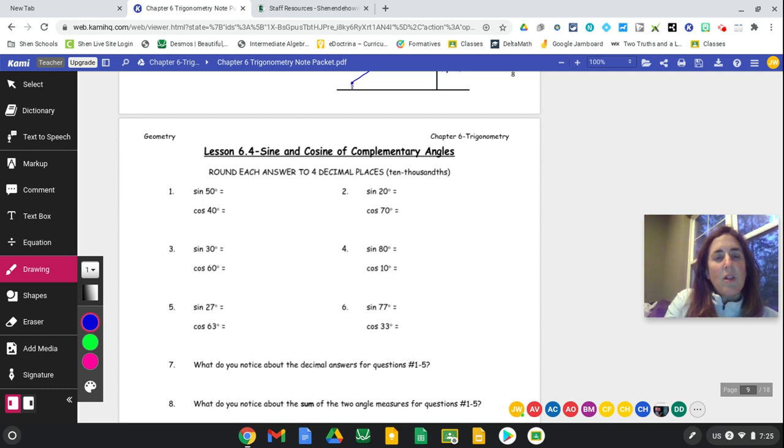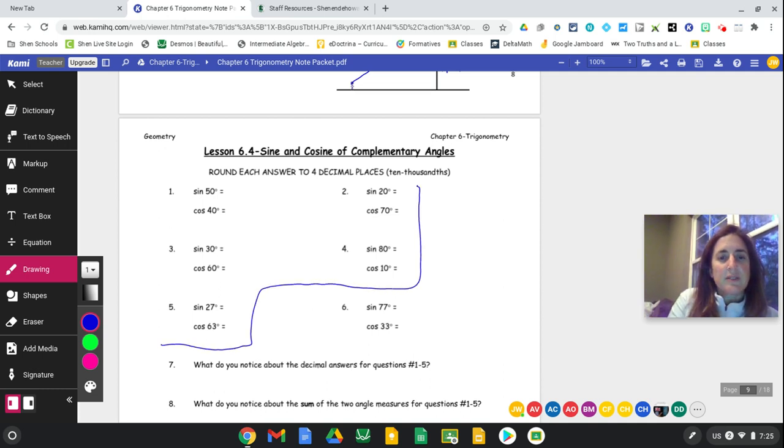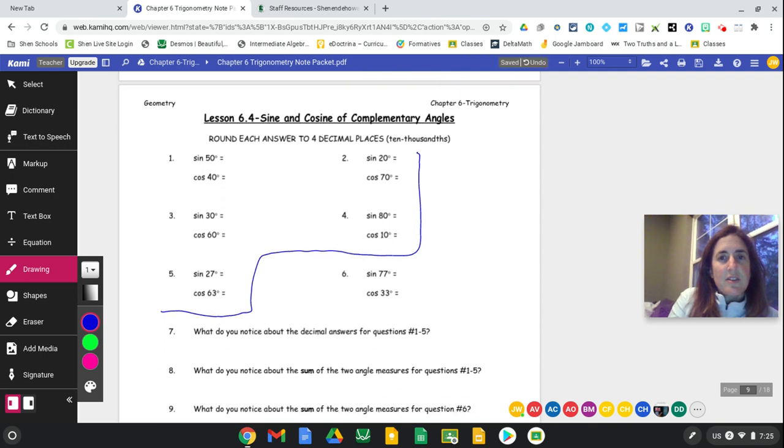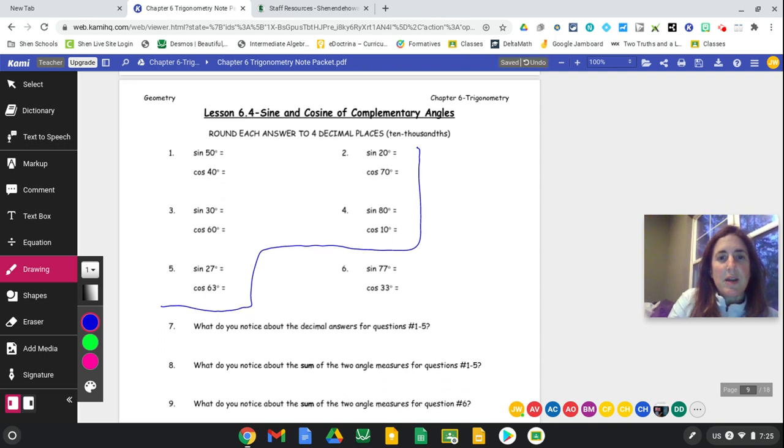Same thing for all of these. Now, when you're getting your decimals, you should observe something about problems 1 through 5. So it says down here, what do you notice about the decimal answers for questions 1 through 5? Well, on 1 through 5, their decimals are the same.